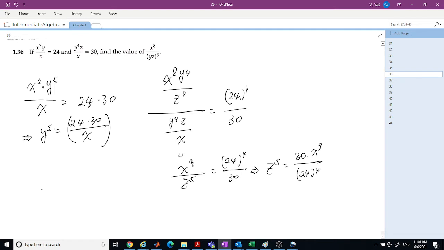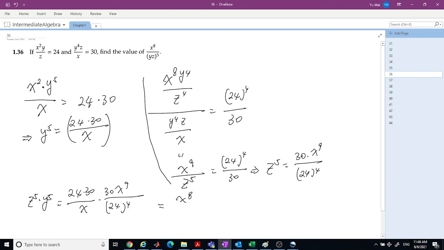Okay, so now let's see. Now we have z to the 5 times y to the 5 is equal to 24 times 30 over x times 30 times x to the 9 over 24 to the 4. Then it will become x to the 8. Okay, x to the 8.